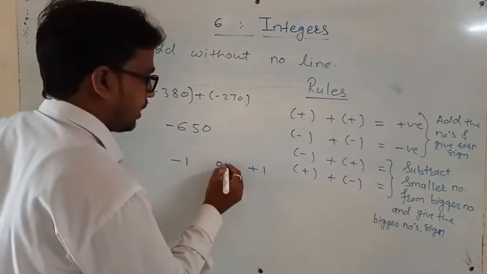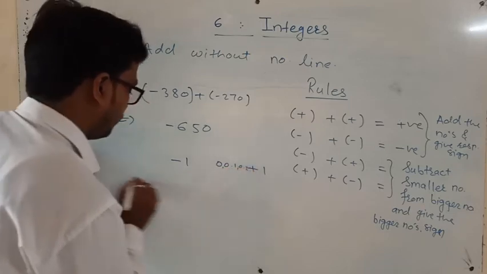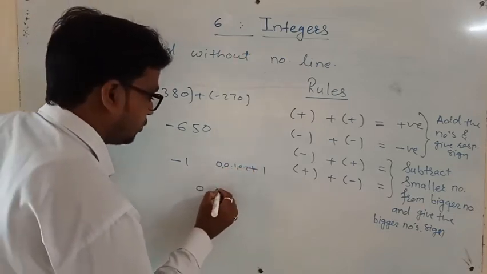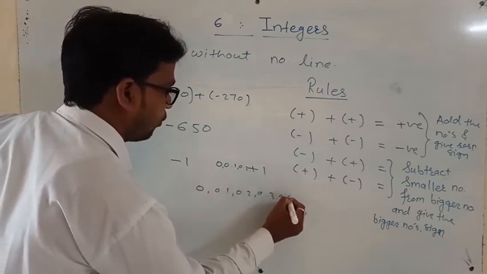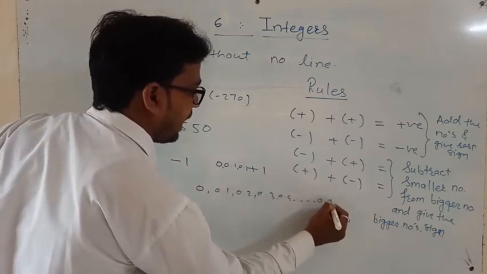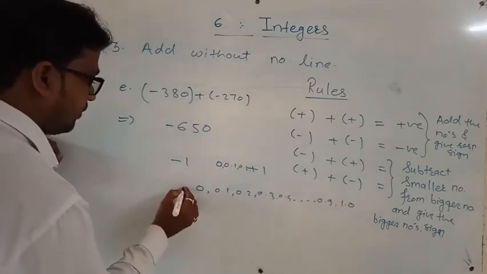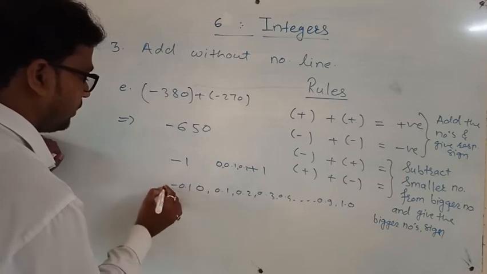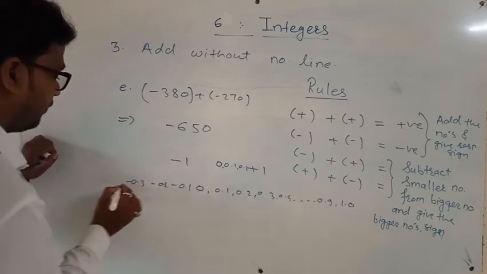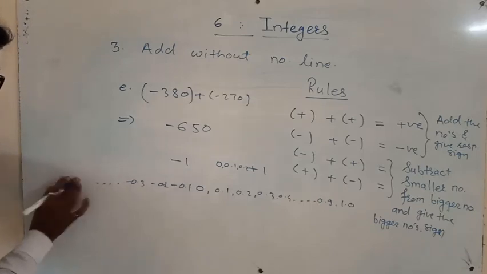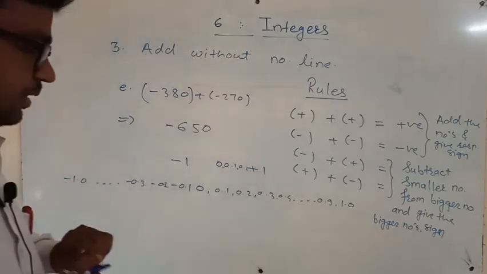So it will start with 0.1, 0.2, 0.3, 0.4 up to 0.9 and then 1.0 means 1. Same here, negative 0.1, negative 0.2, negative 0.3 and so on, negative 1.0.